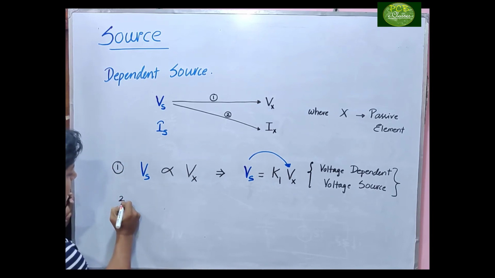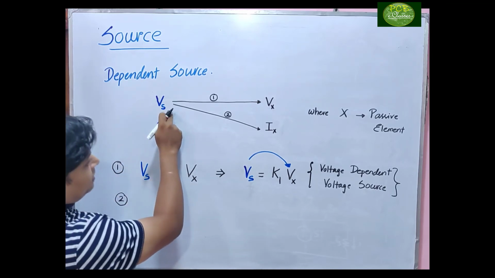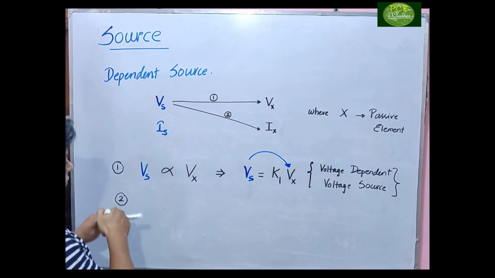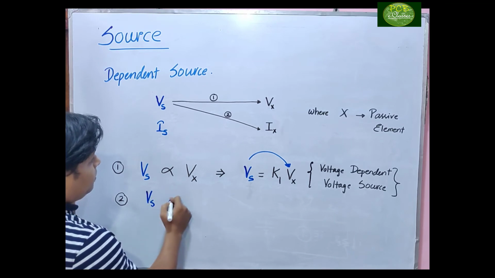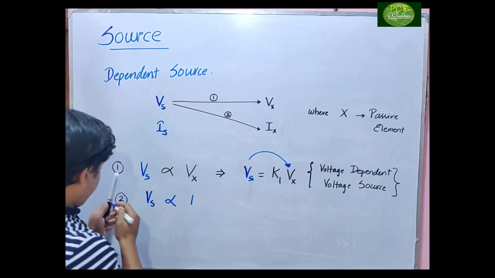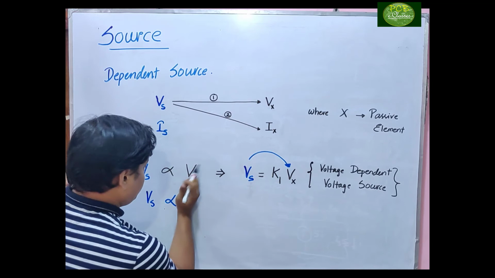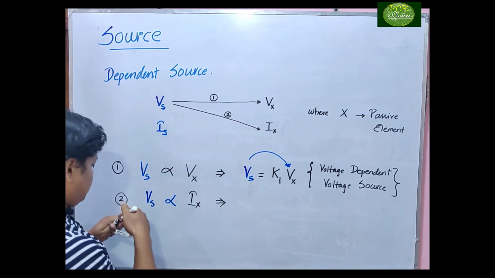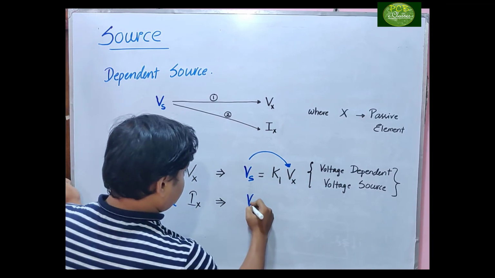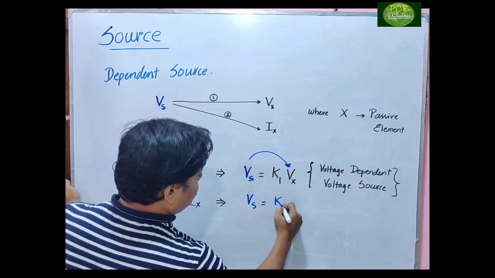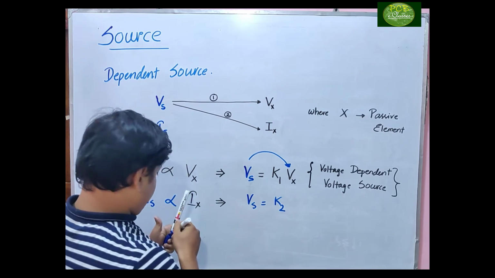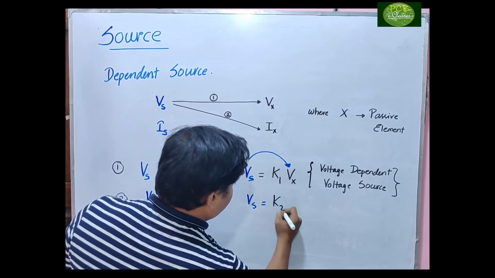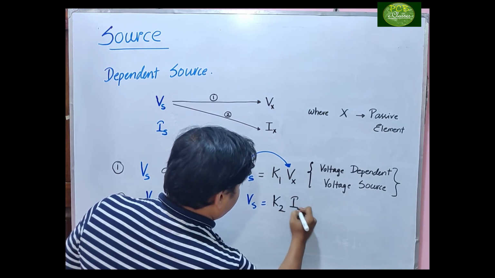Similarly, we will move to the second one. This voltage source is dependent on the current. That means what I will write down here is Vs dependent on Ix, which implies that Vs equals K2 times Ix.